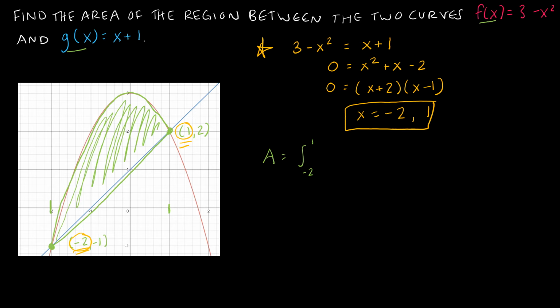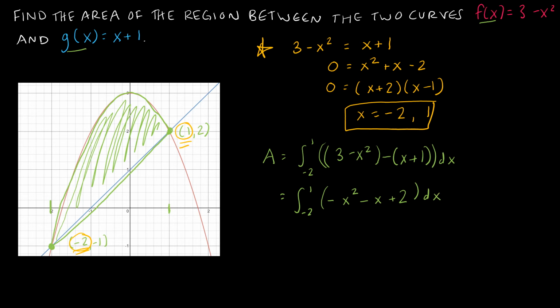And so in this case, again, I'm going to have 3 minus x squared, and I'm going to subtract x plus 1, all with respect to x. Again, from -2 to 1, I'm just going to do some subtraction. So I have -x squared, I have minus x, and then I have 3 minus 1, which is plus 2 dx.